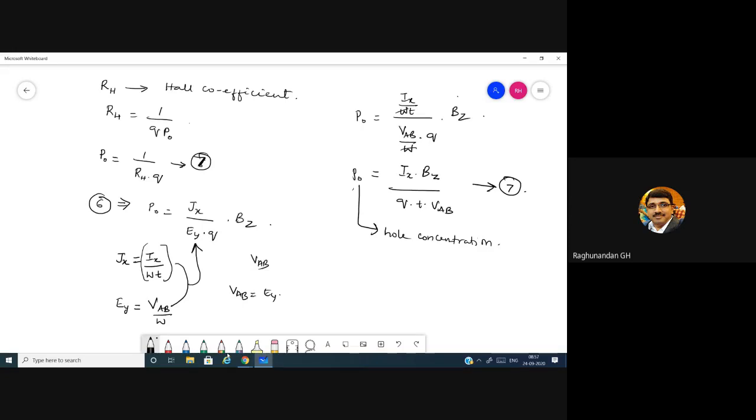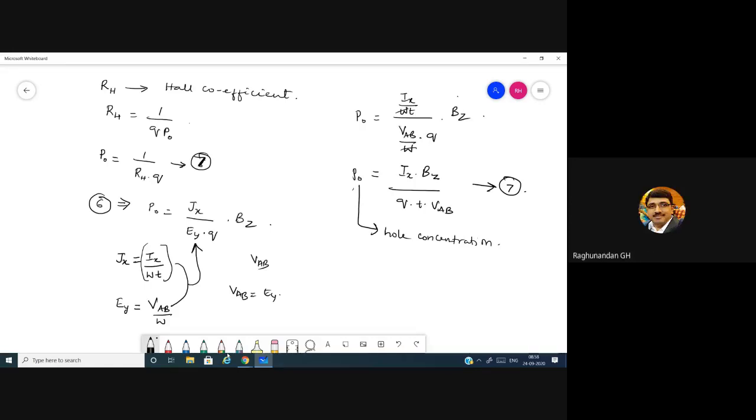Similarly, there is one more term, resistance. And similar to the resistance, there is one more parameter. What is that parameter? Conductance? No, I am telling similar to resistance.